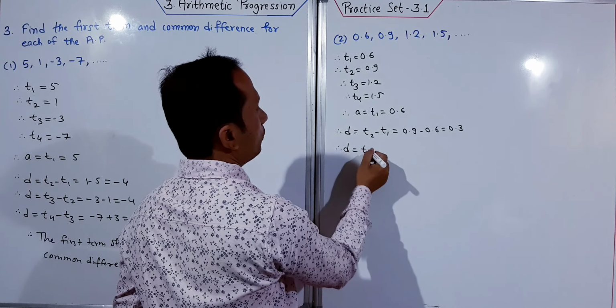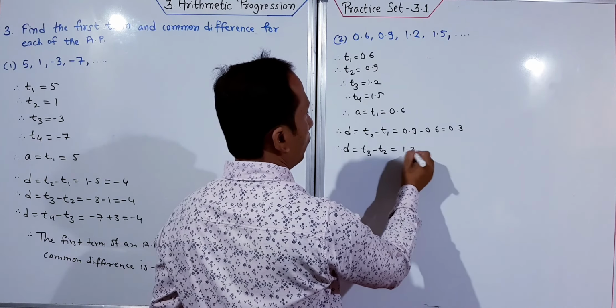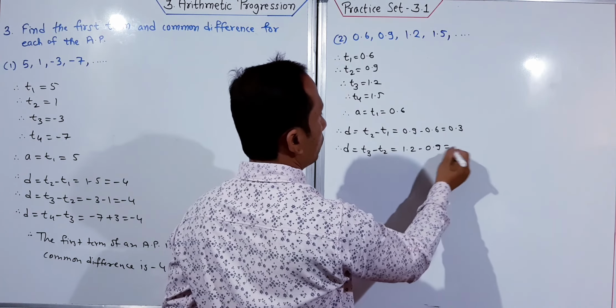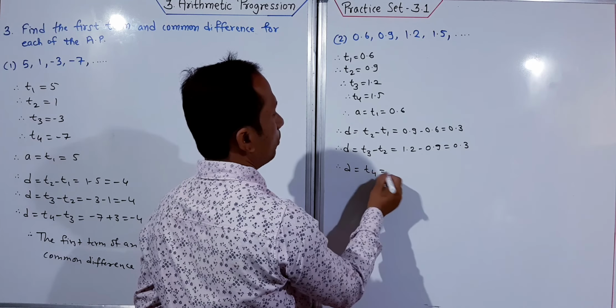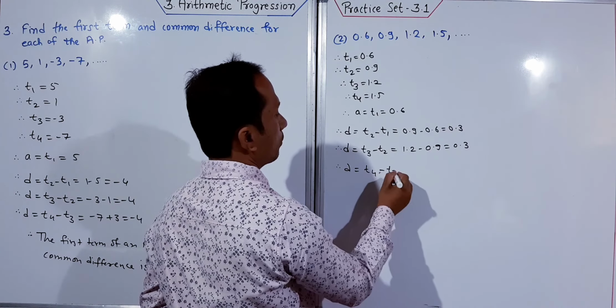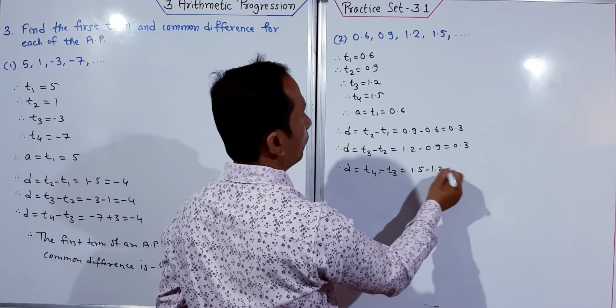D is equal to T3 minus T2, 1.2 minus 0.9, so you will get 0.3, and D is equal to T4 minus T3, here also you will get 1.5 minus 1.2, 0.3.